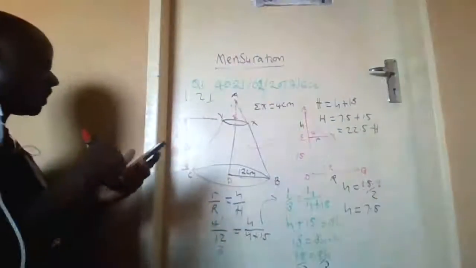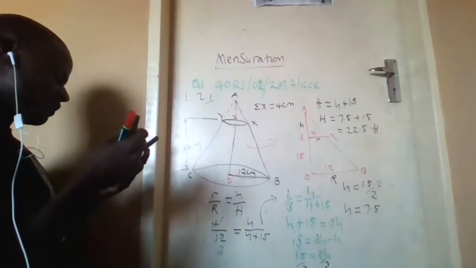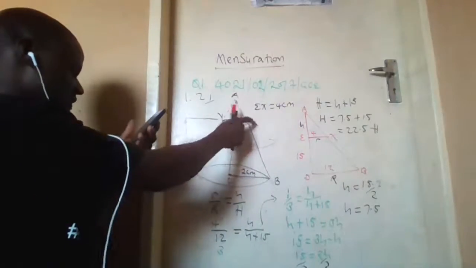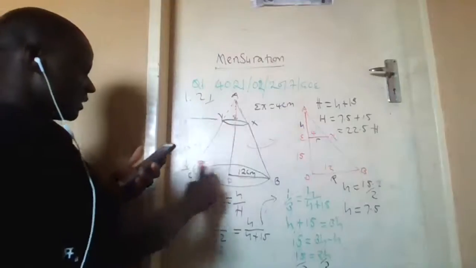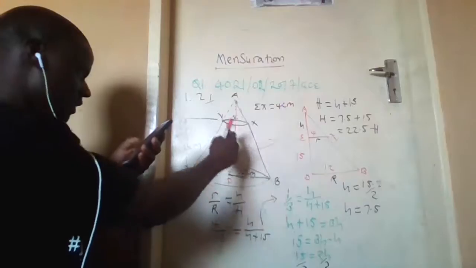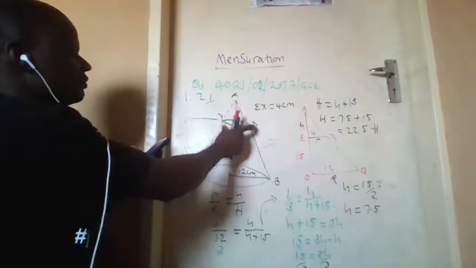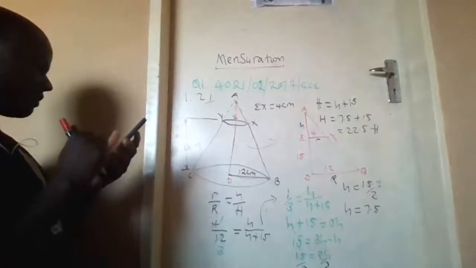What is the second question saying? The second question is saying calculate the volume x, y, c, b. Say x, b, c, y is the volume of the cone that remained.